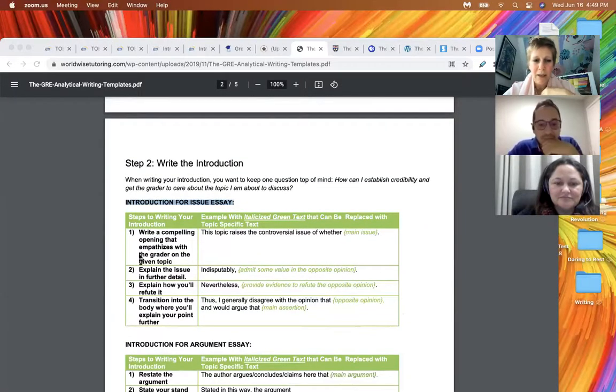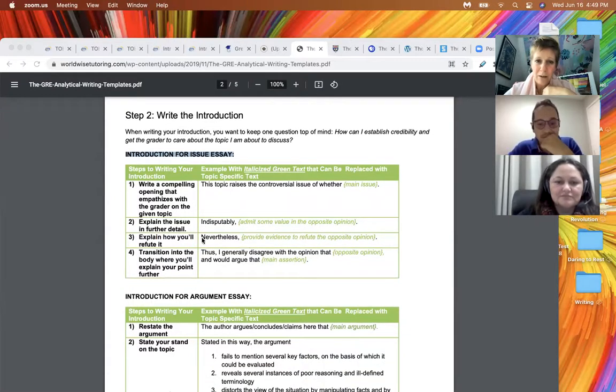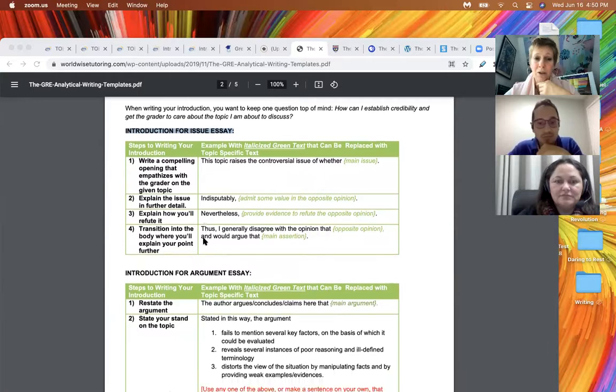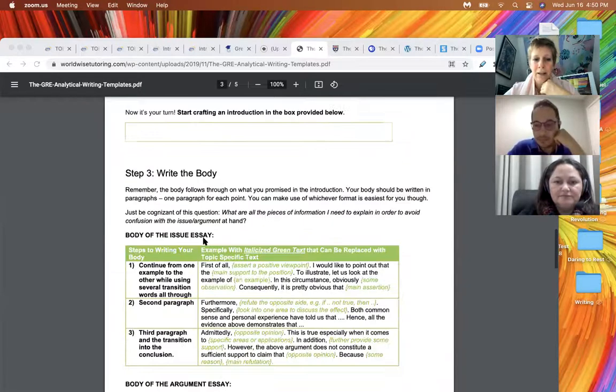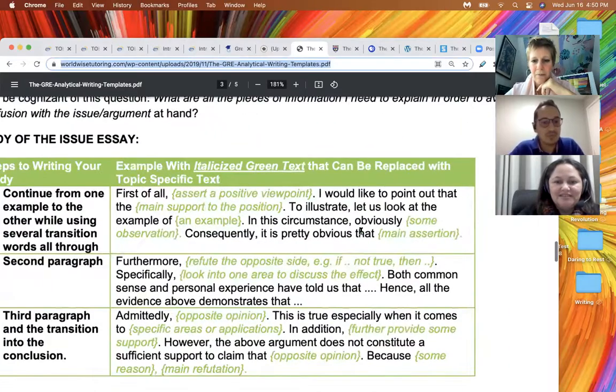But then for each of these, see where it says introduction for the issue essay. It gives you a basic format for starting the introduction for the issue essay. And then here, just like you were just talking about, it gives you some examples.